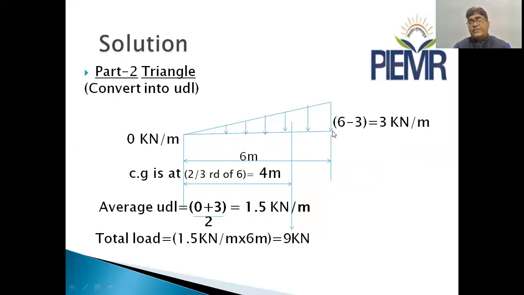At the other end of the span, that is 6 meter, the total load was 6 here. When we cut the rectangular part, which is 3 kilonewton per meter, 6 minus 3 comes out to be 3 kilonewton per meter. So at the other end, the load will be 3 kilonewton per meter.